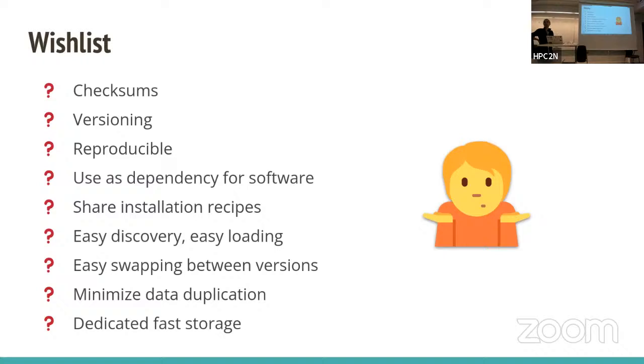Can we make those datasets easily discoverable? Can users easily load them? Can we easily swap between different versions of the datasets? Can we minimize data duplication? And last point, can we use dedicated fast storage for those things?